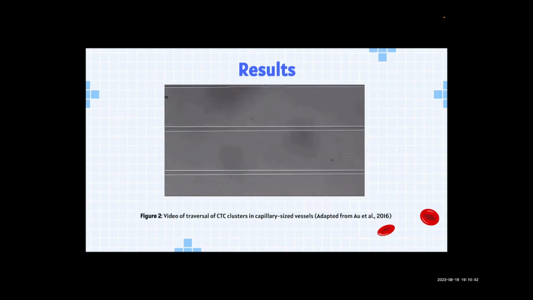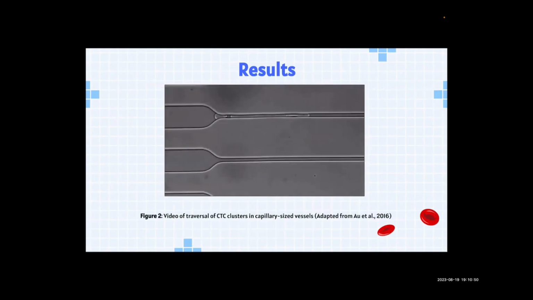I'll be playing this video right here, which shows the process of CTC cluster traversal. With the microfluidic devices that Au and the other researchers used, the video shows that the clumps of tumor cells go through 2 transit phases. The first stage, which is known as the entry, is where the cells come into contact with the walls and reshape into elongated shapes.